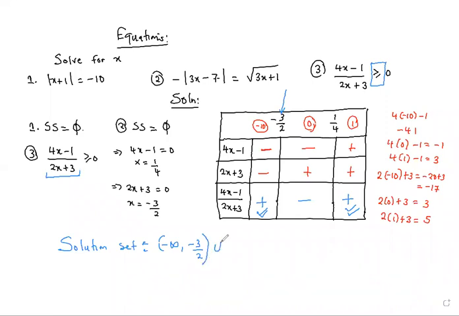And then union, we are now looking for the other plus. The other plus starts after 1 over 4 all the way up to infinity. Because 1 over 4 is coming from the numerator and equal is here, this means that we have to include 1 over 4 like this. So this is the solution set.